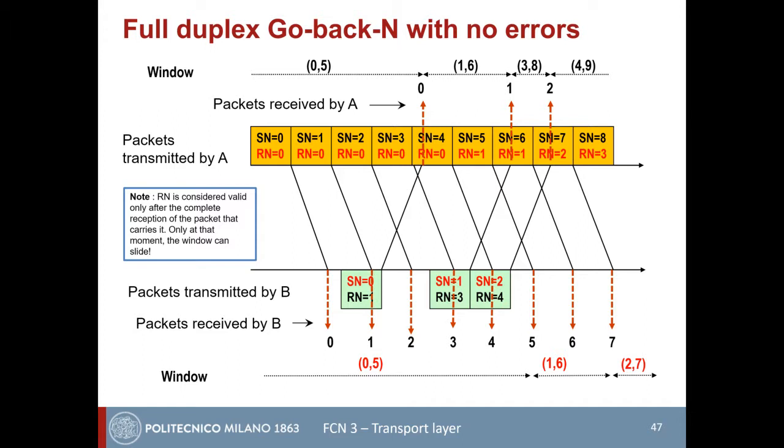And so again, the window of A slides on, but this time, since the last Rn received was 1 and the new Rn received is 3, the window slides by 2 positions, because the acknowledgement is cumulative.